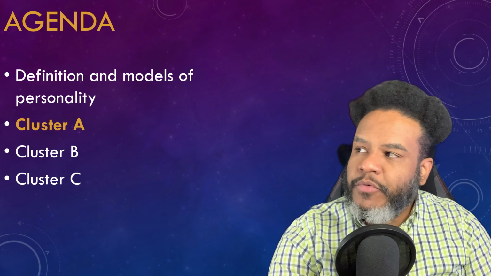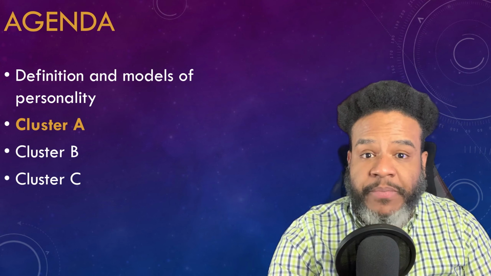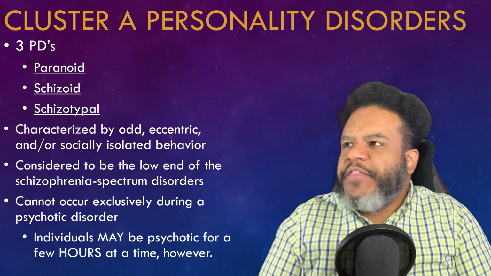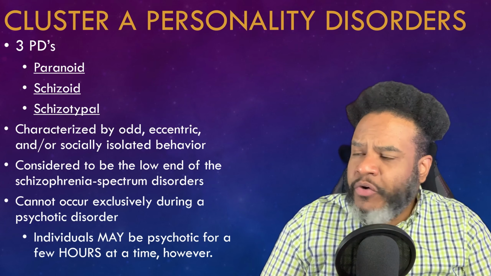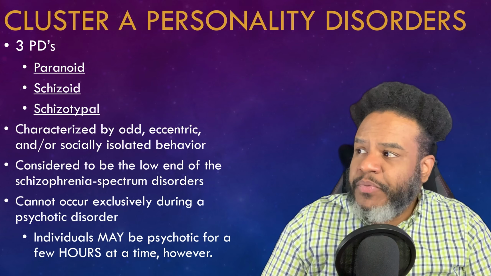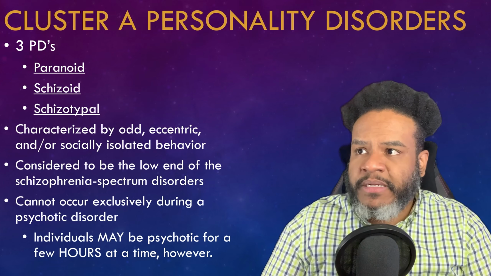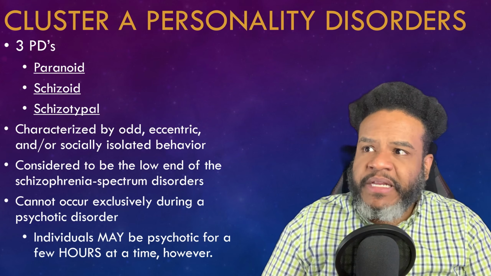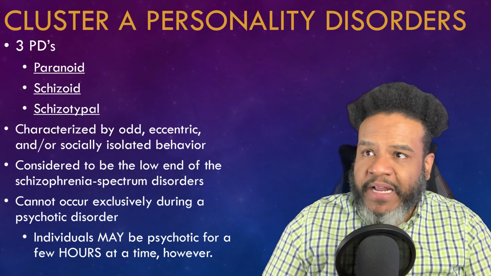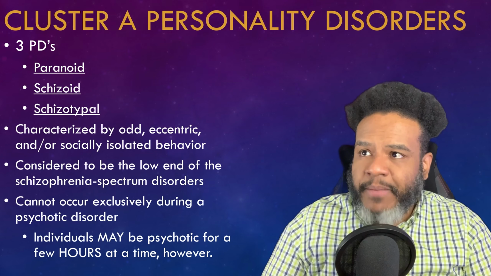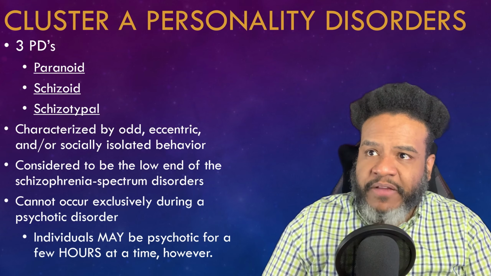So now we're going to move ahead to cluster A personality disorders. There are 3 personality disorders contained within cluster A: paranoid personality disorder, schizoid personality disorder, and schizotypal personality disorder. To meet criteria for any of these personality disorders, the pattern of behavior cannot occur exclusively during a psychotic disorder like schizophrenia, bipolar disorder, or depression with psychotic features.